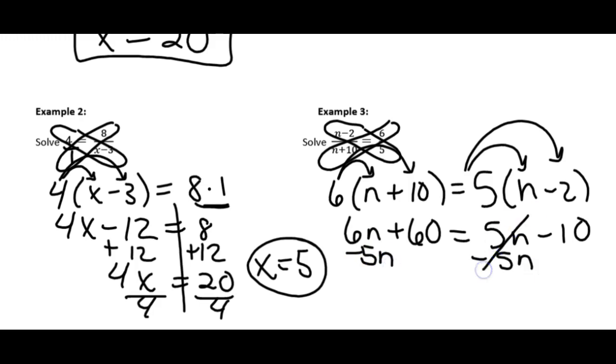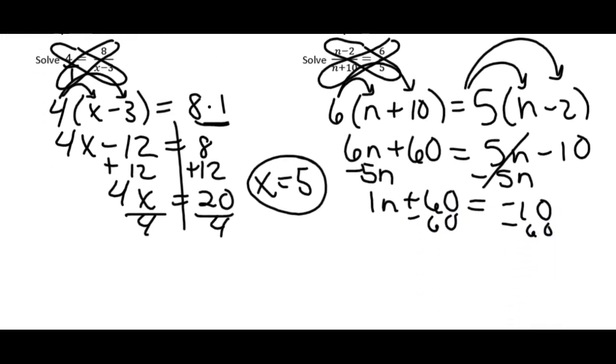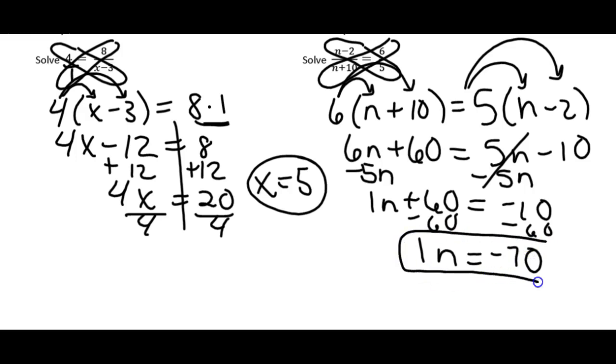Cancels out over here. 1n plus 60 equals a negative 10. And then I'll minus 60 from both sides. And I get 1n is equal to negative 7. So just using that cross product, then distributing, don't do that distributing in your head, and then solving your equation.